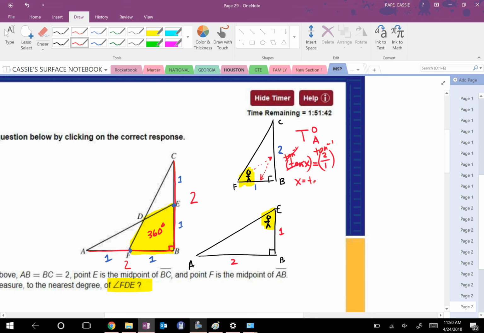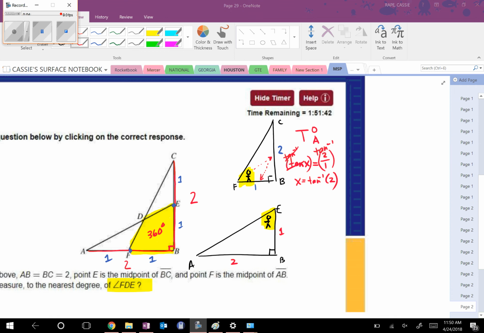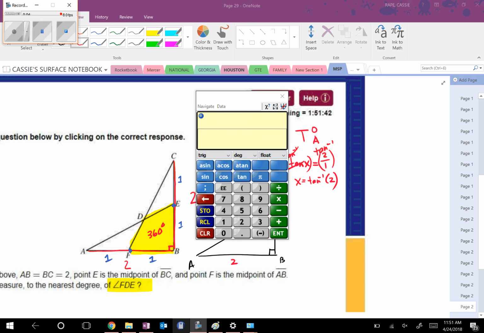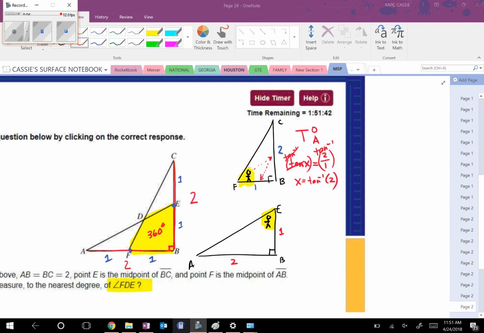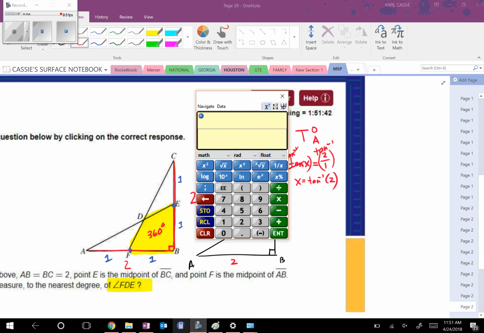All right, so let's pick up the calculator. I want to talk to you very quickly about this button right here. When you open up the calculator, it defaults to radians. That is bad for these problems where you need degree measures. Let me show you how you can tell.